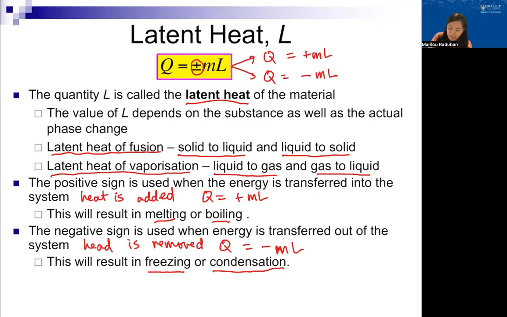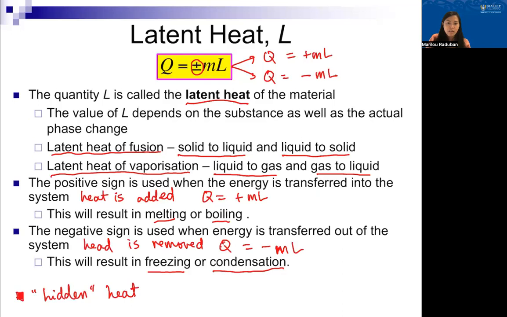And so sometimes latent heat is also called hidden heat, because you cannot really measure a change in temperature of the object. The object is just changing phase, and that tells you that when an object changes phase, its temperature doesn't change. And all of the heat that you put into that material goes into changing its phase.